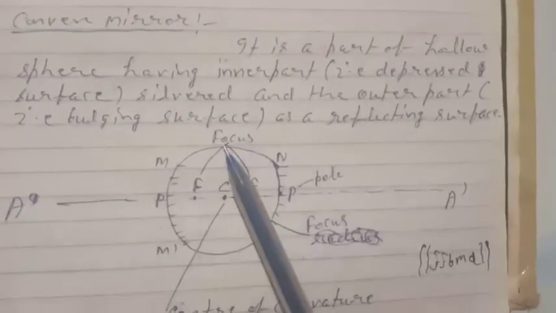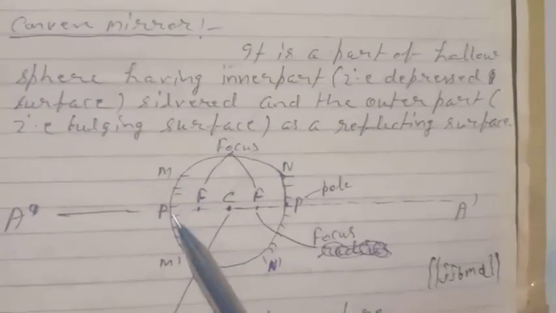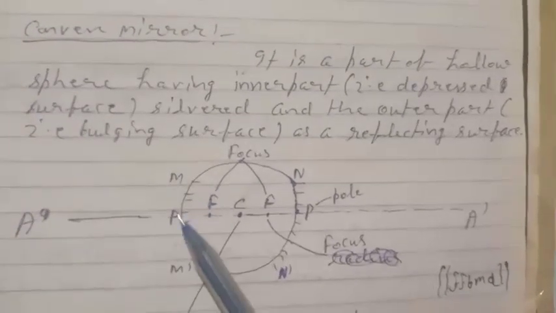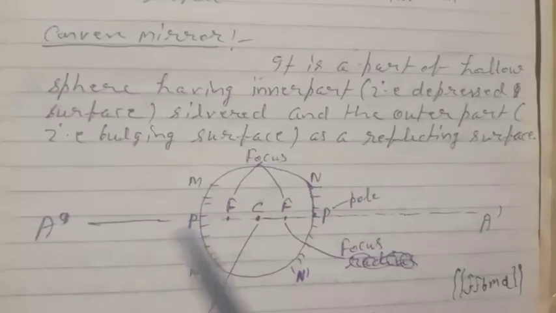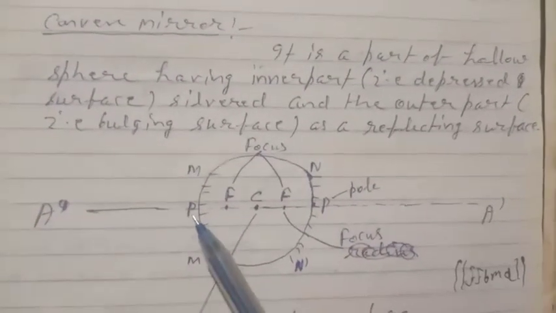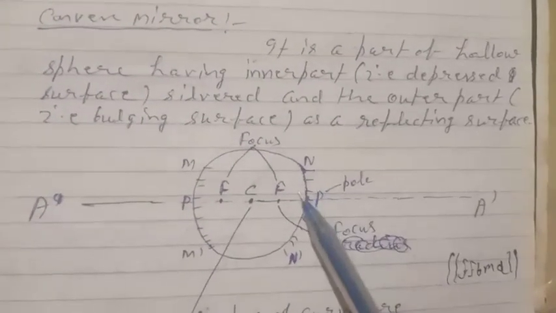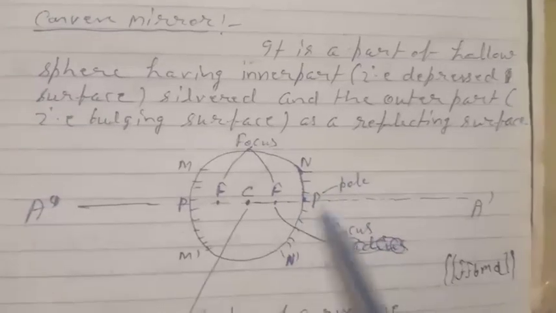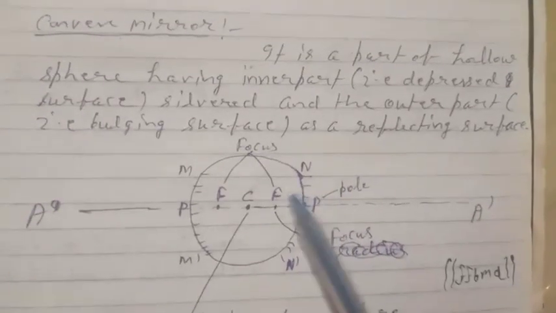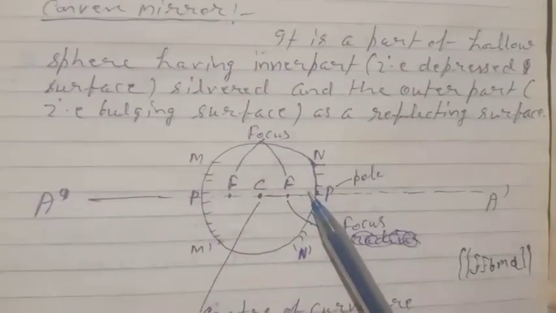Here this is shown, this is a hollow sphere and one part is cut and polished like this. This part is polished and this part is reflecting, so bulging surface is reflecting in this case, so this will be called convex mirror. And in this case bulging part is silvered and depressed part is reflecting, so this will be called concave mirror.